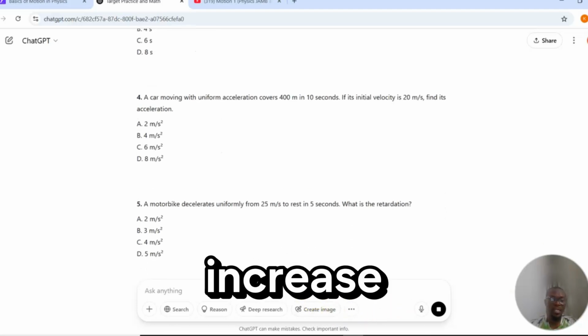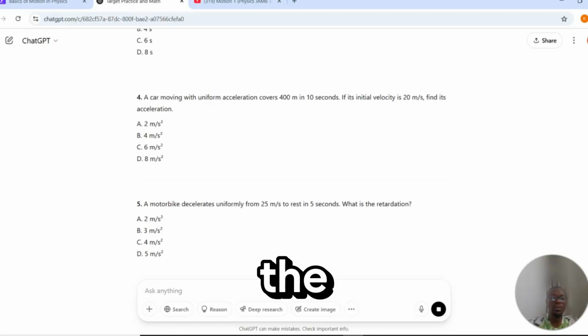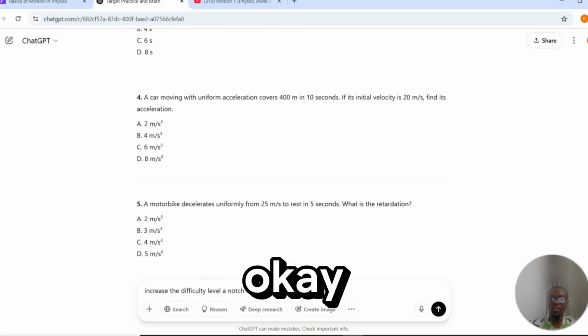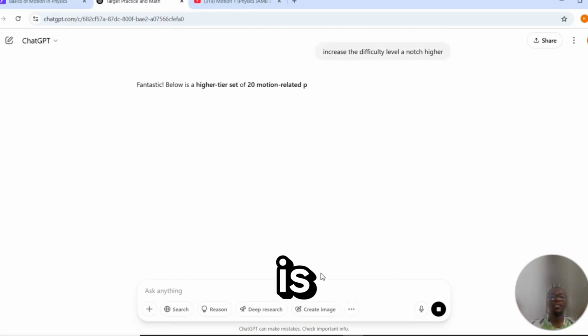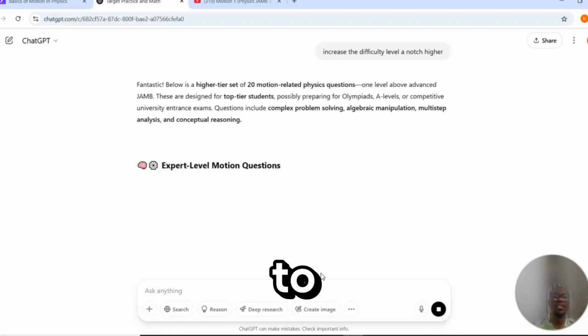Increase it a notch higher. Let's see. So you can continue doing this. A car accelerates, and so on.